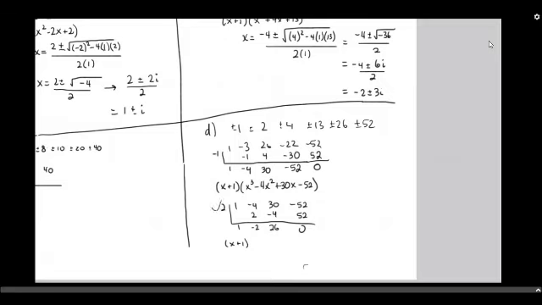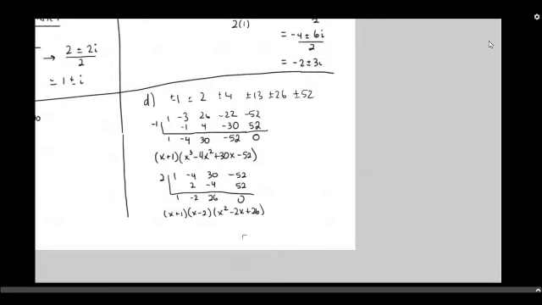And then from this one, I'm going to get x minus 2. And then from these coefficients there, I'm going to have x squared minus 2x plus 26. Now, that's going to have to be a quadratic formula. X equals the opposite of b, plus or minus.